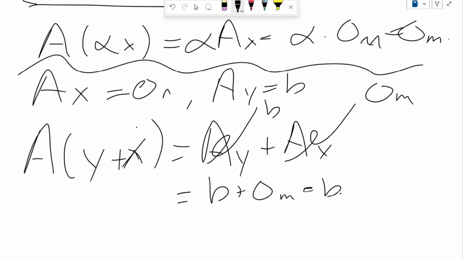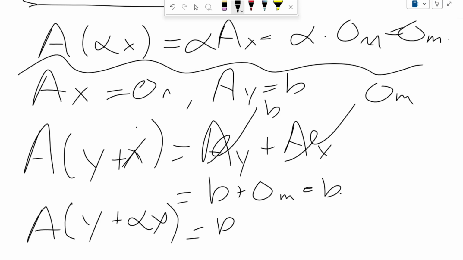So just by adding x to y, we get back yet another solution to our problem. And because we could add any alpha x, because we could do A of (y plus alpha x), this means that we actually have infinitely many solutions to this problem, right?